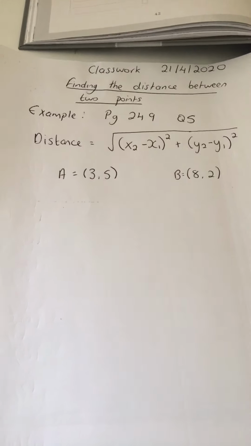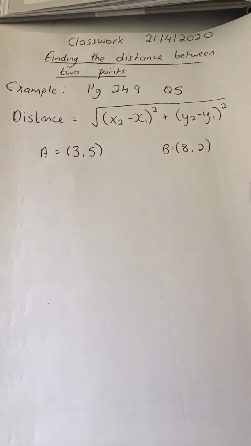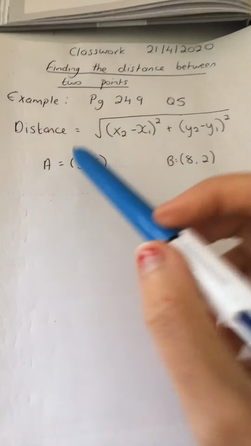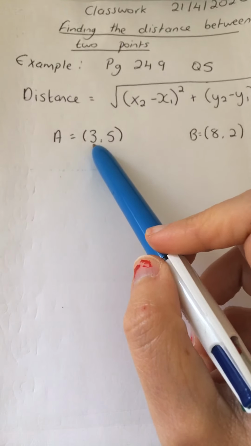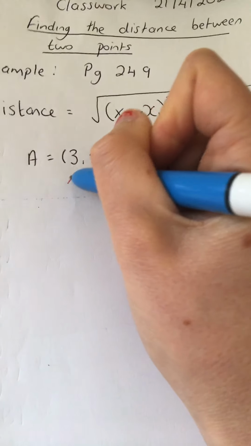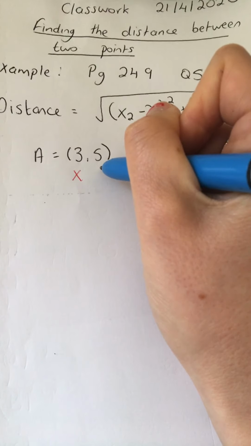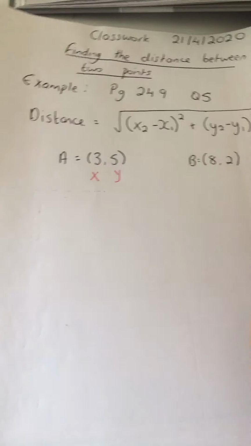Okay, so the first thing I do then is I label my points. Now from yesterday, you should remember that the first number is always on which axis? The x-axis. So 3 is the x part and 5 is the y part of the point.